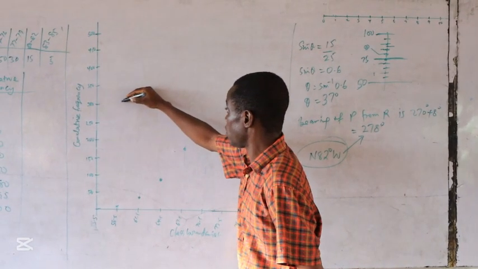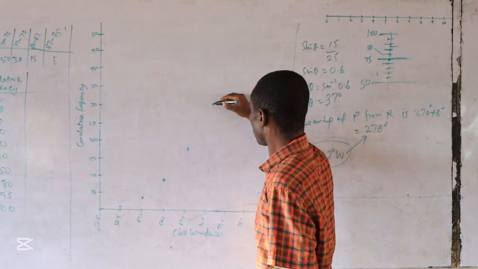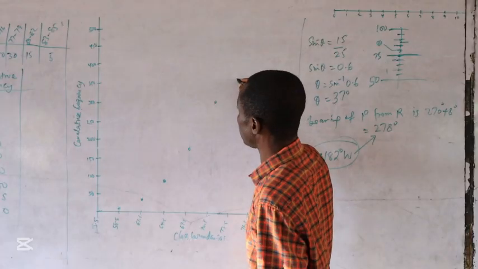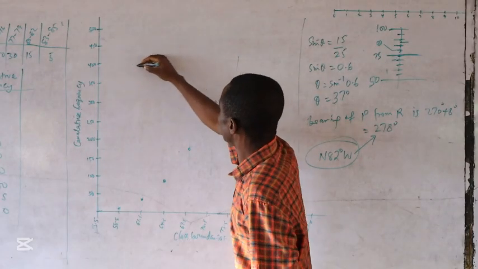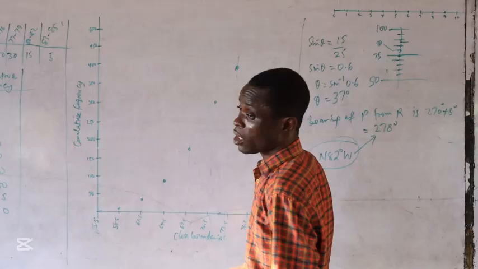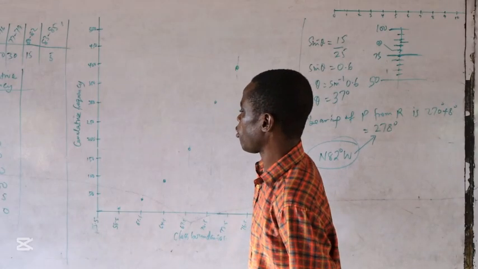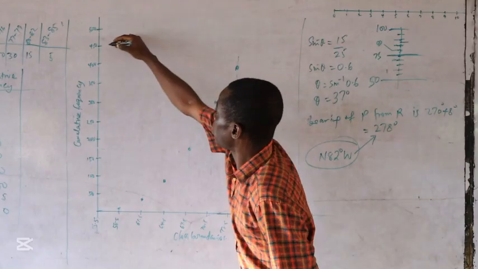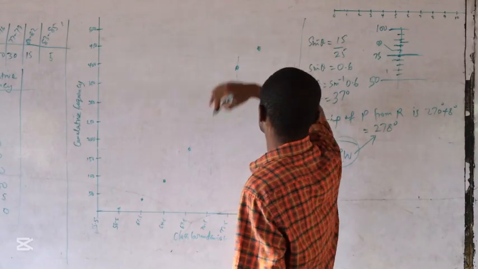The next one is 310. Then 400. Then 450. This 450 here, I don't really get the exact one.